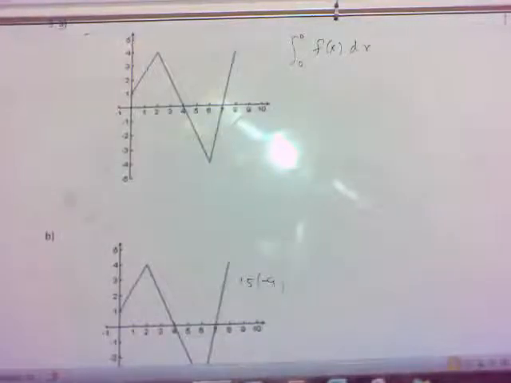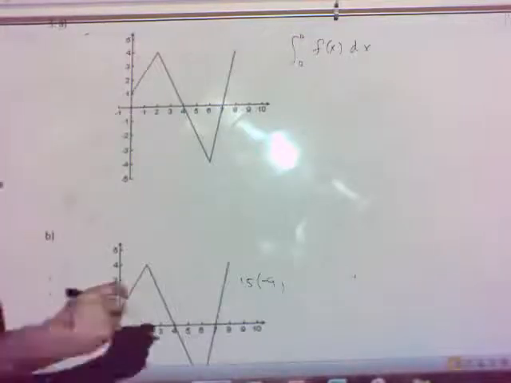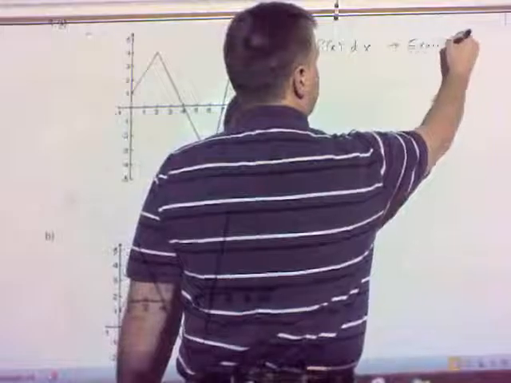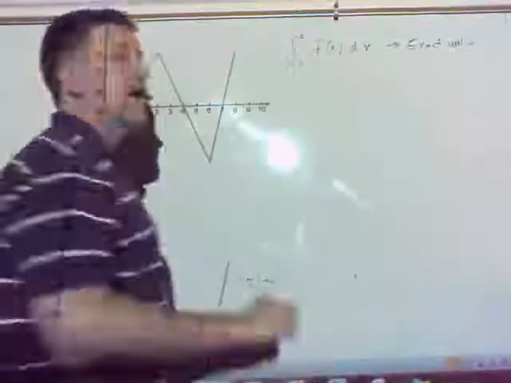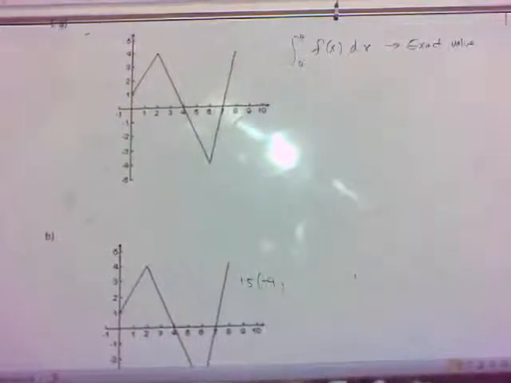There's no breaks. It's not differentiable. Maybe that's what you're thinking. Okay. Here's the thing. We can get the exact value for this one. We don't have to use the rectangles, in other words. I mean, we could still use the rectangles to get an approximation, but here we can get an exact value.